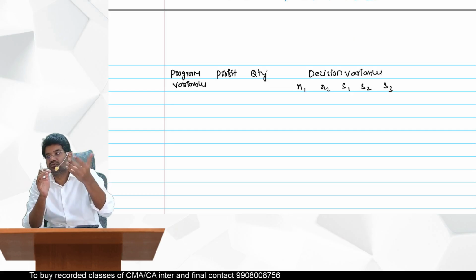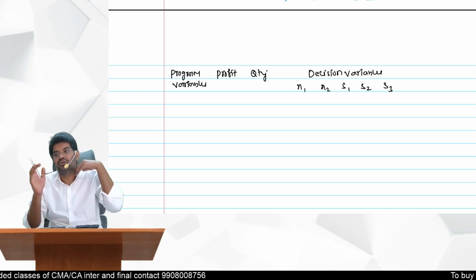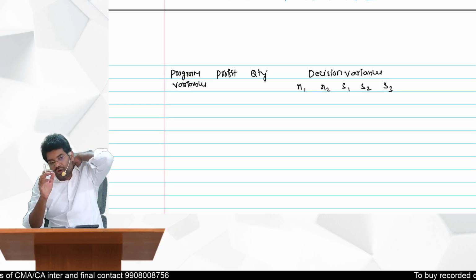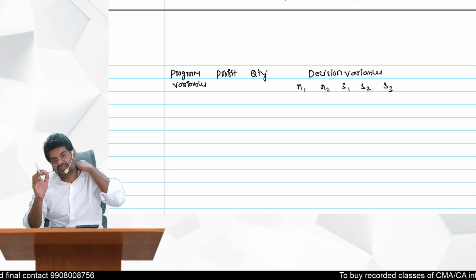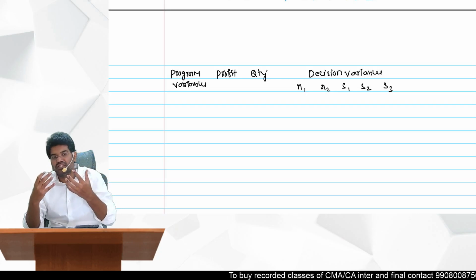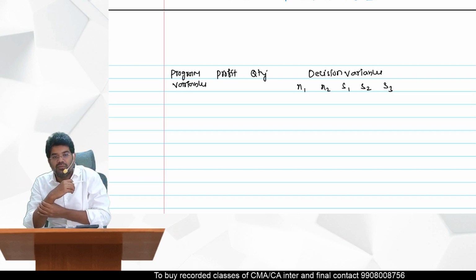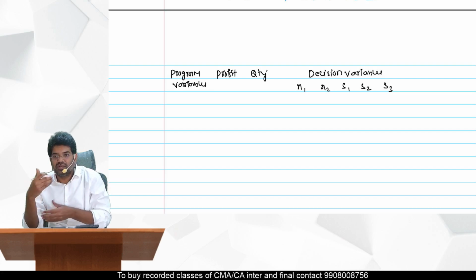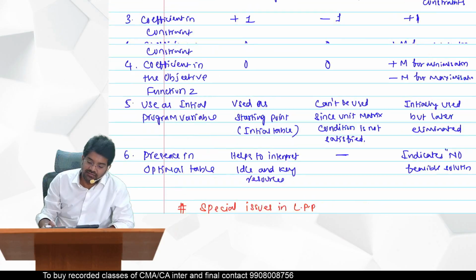If x1, x2 is 0, then what will be the values of S1, S2 and S3? That is what I have written here.